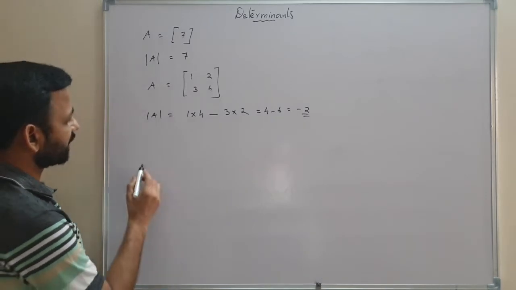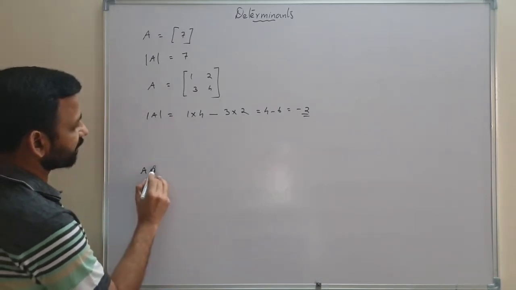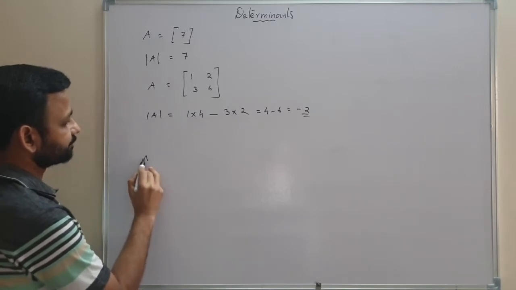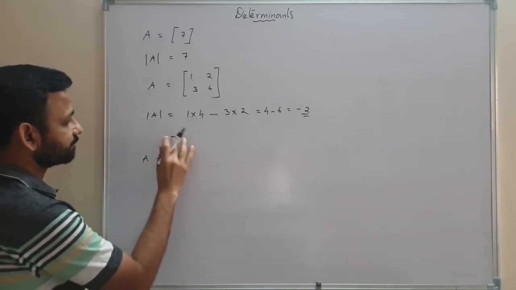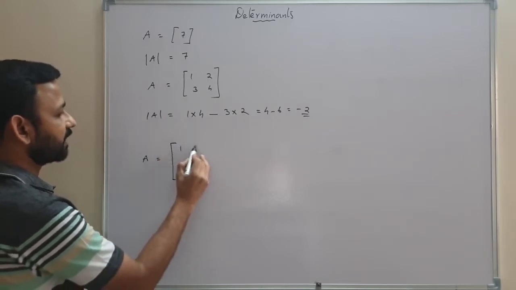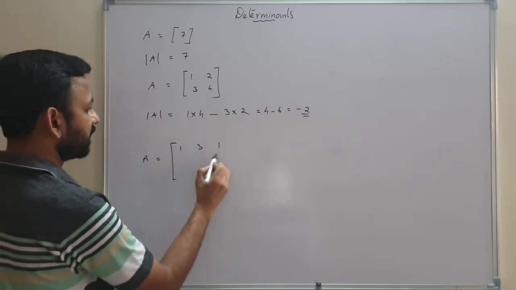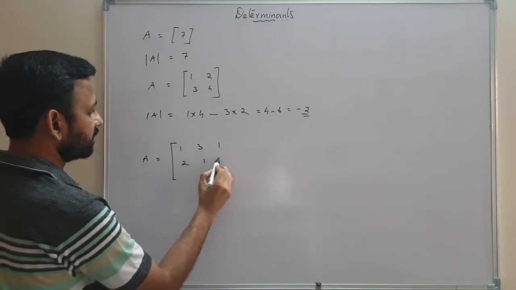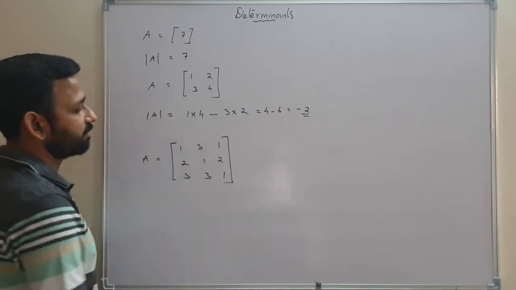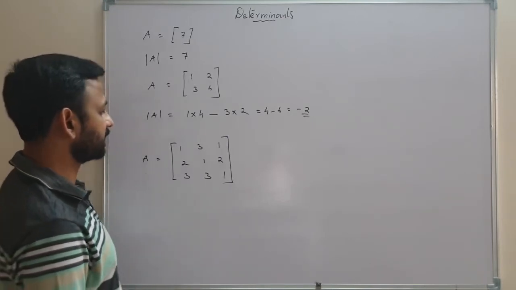Now we are going to learn how to find the determinant of a square matrix of order 3. We can take one example: 1, 3, 1, 2, 1, 2, 3, 3, 1. One matrix, a square matrix of order 3.